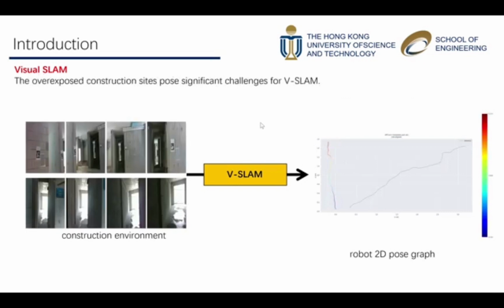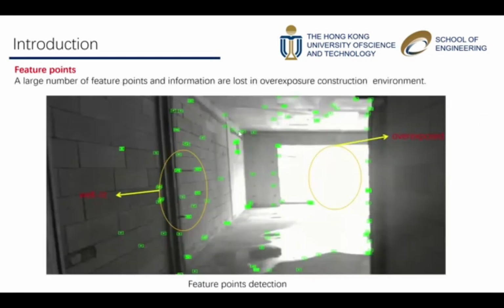So it can perform well, but an overexposed construction site poses a significant challenge for visual SLAM. When robots use visual SLAM to localize, it gets big errors in the 2D pose graph. Why did this happen?